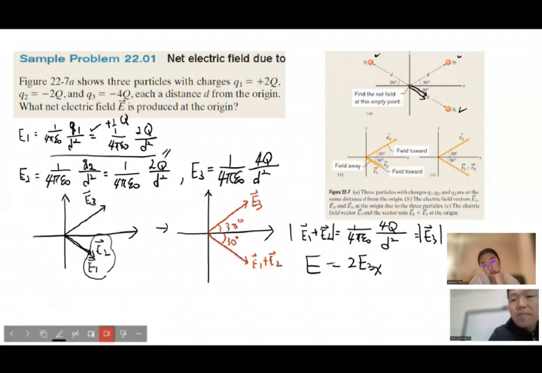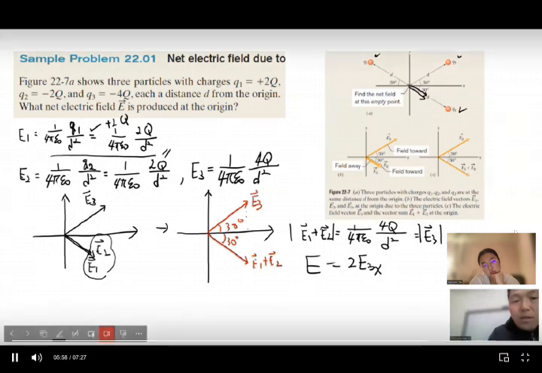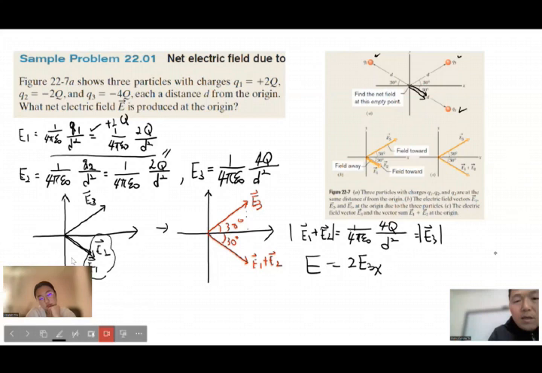So if you look at these electric fields, they're pointing in opposite directions with the same angle. As you can see, E3 is pointing upward at 30 degrees, and the E1 plus E2 vector is pointing downward, but with the same angle, 30 degrees.